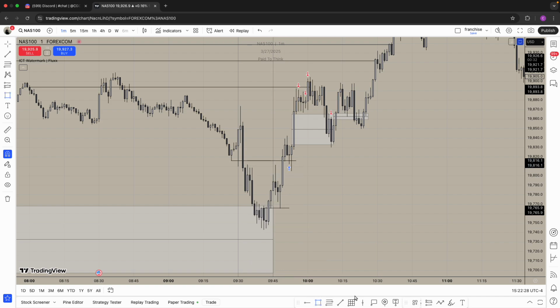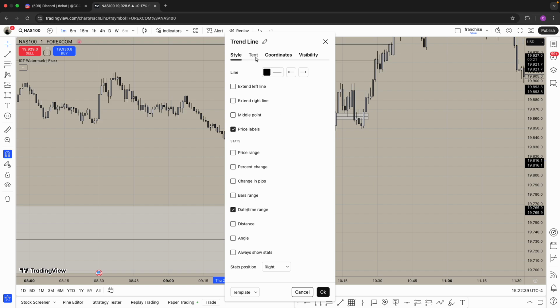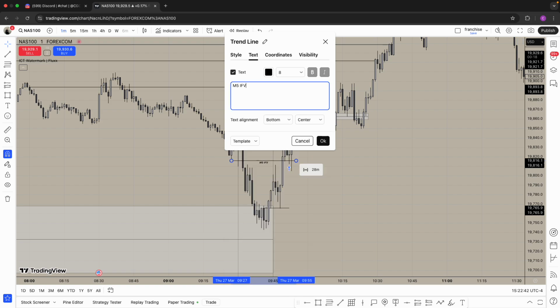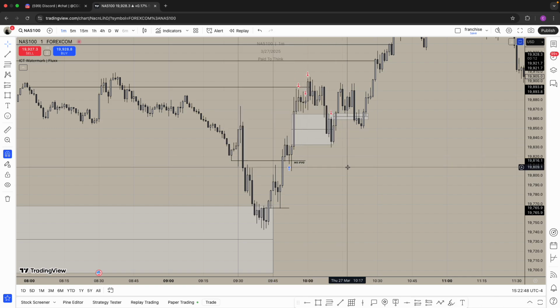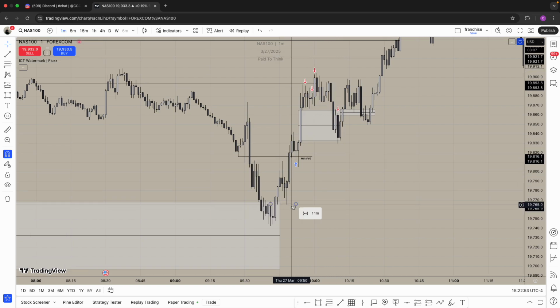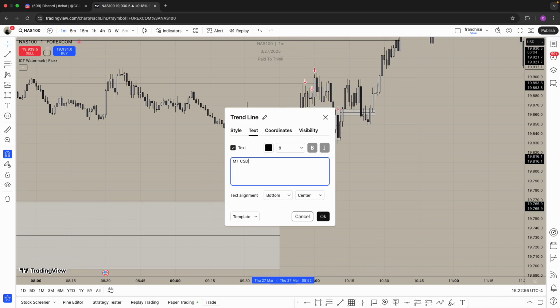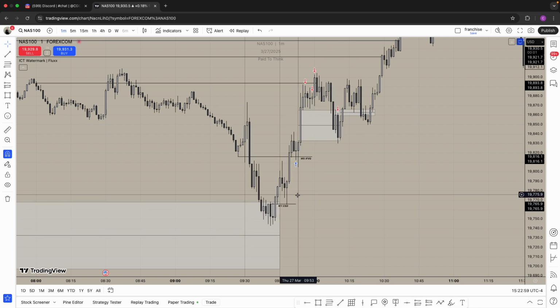We then had this gap as well, which is kind of what we got into. M5 inverse gap. Come on, CSD. There we go.